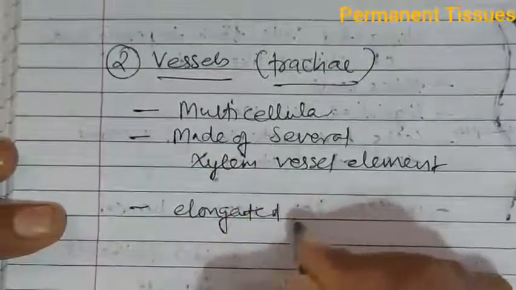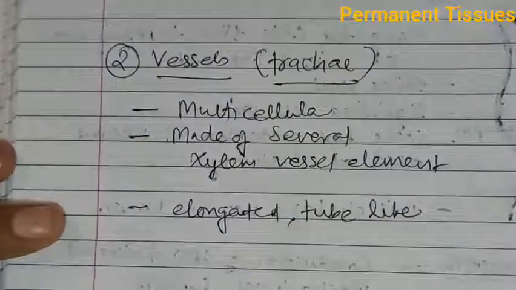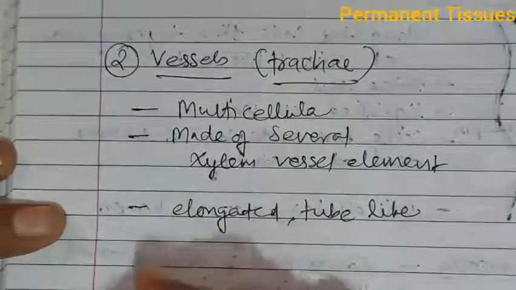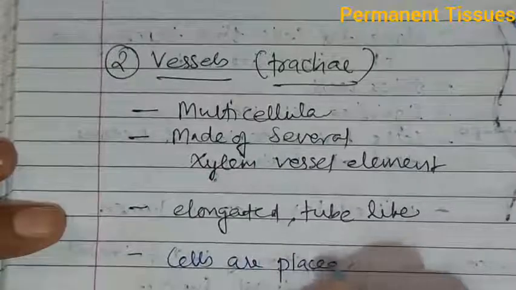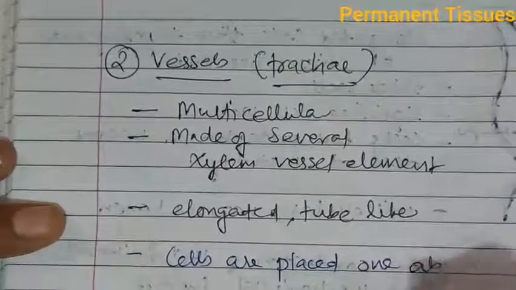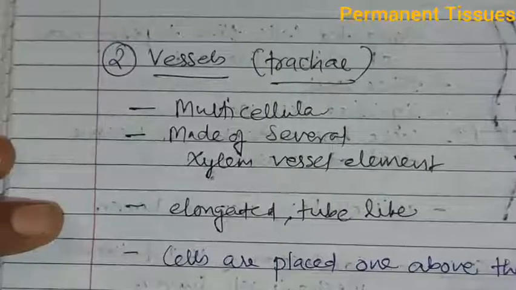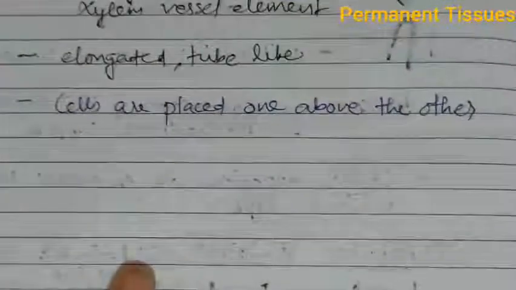Now they are elongated, and they are tube-like, and here cells are placed one above the other. Okay, so these are the particular characteristics.